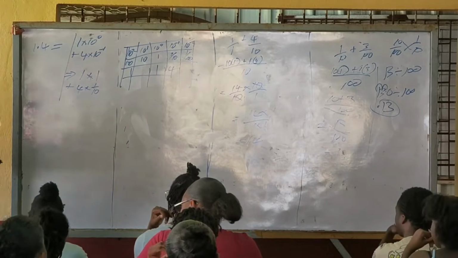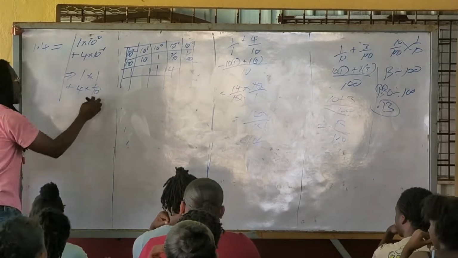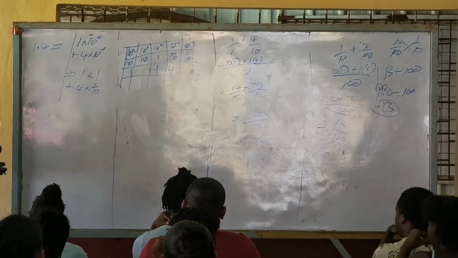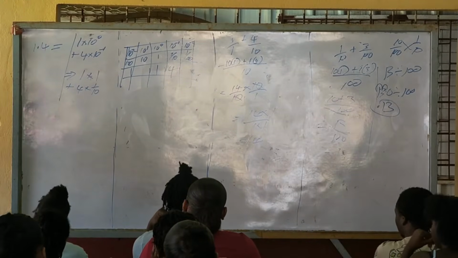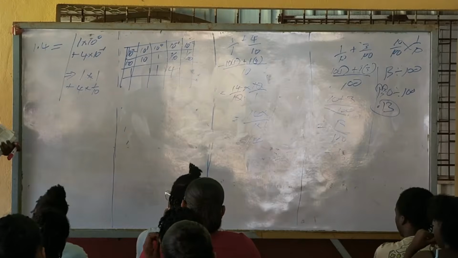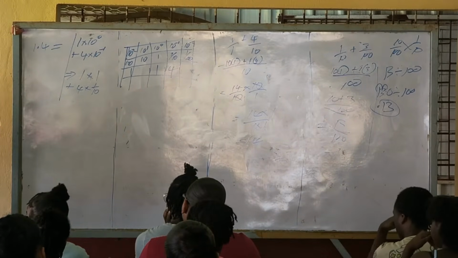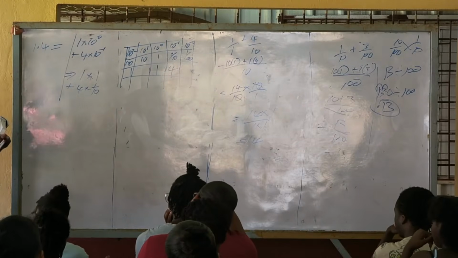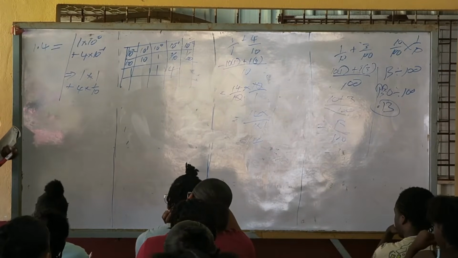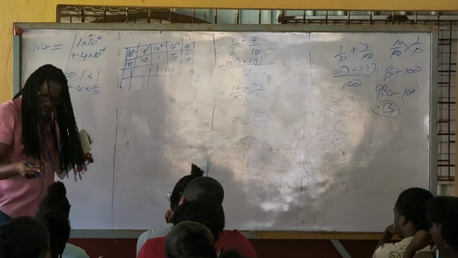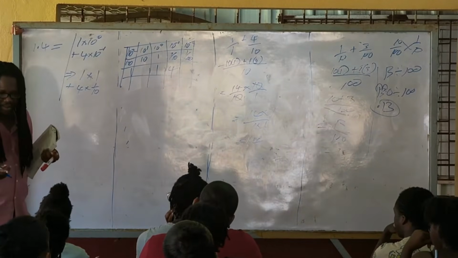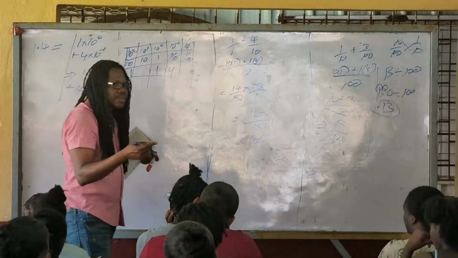Because 10 to the minus 1 is equal to 1 over 10 to the 1, which means 1 over 10. Because a number raised to the first power is what? Itself. A number raised to 0 is what? And a number raised to 1 is what? So x to the 1 is what?